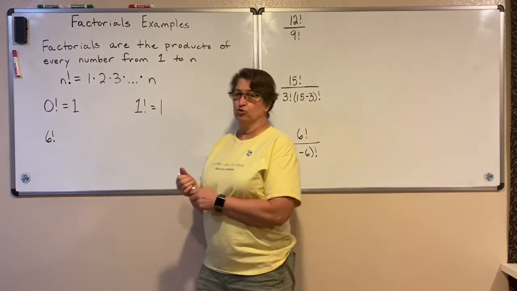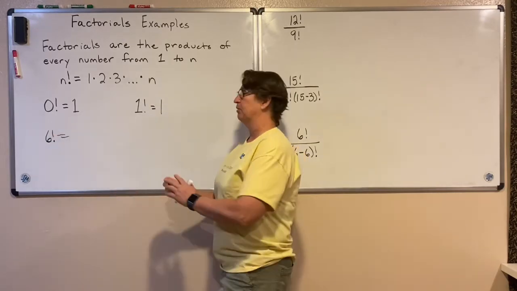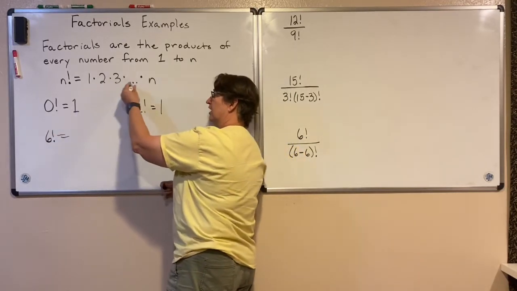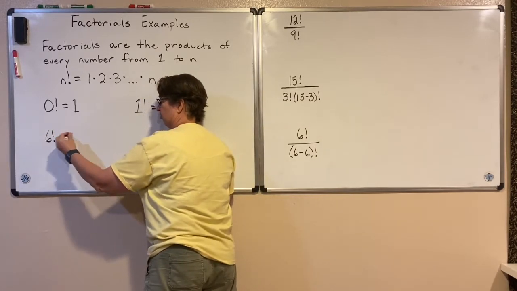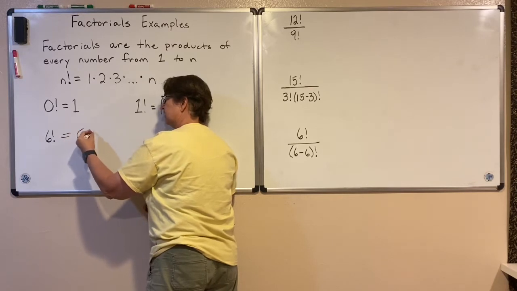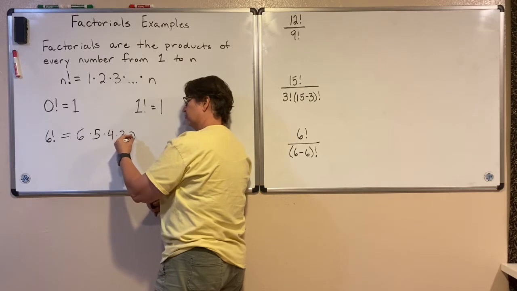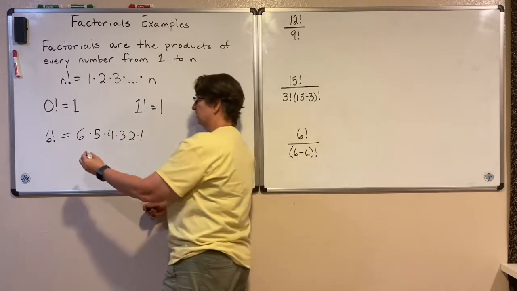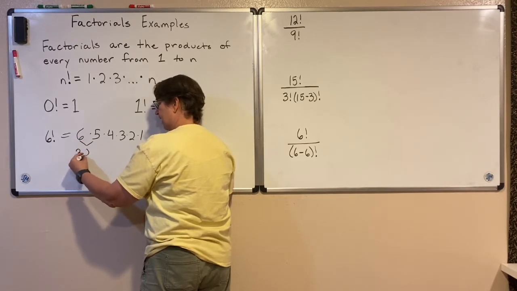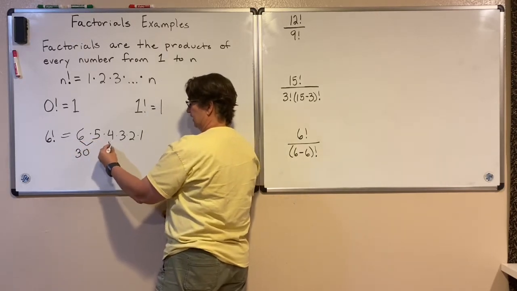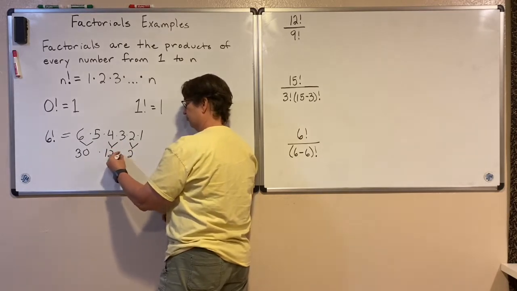But with 6 factorial, all we're going to do is take our numbers from 1 to 6 and multiply them. You can go in ascending order, but usually we write them in descending order, where we say 6 times 5 times 4 times 3 times 2 times 1. Well, 6 times 5 is 30, and 4 times 3 is 12, and 2 times 1 is 2.